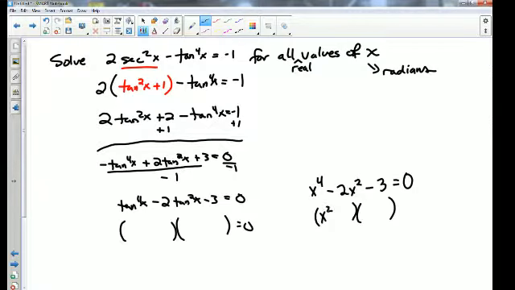Okay. And what makes negative 3? Negative 3, I heard? Plus 1. And do those add up to negative 2? Okay, so translate this into tangents.